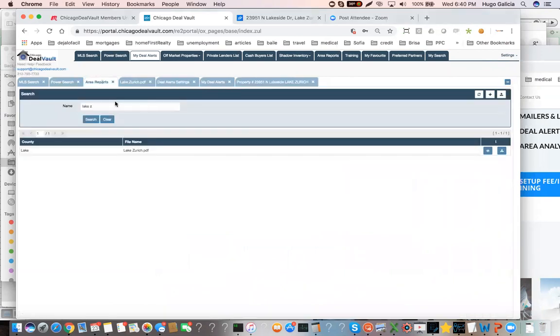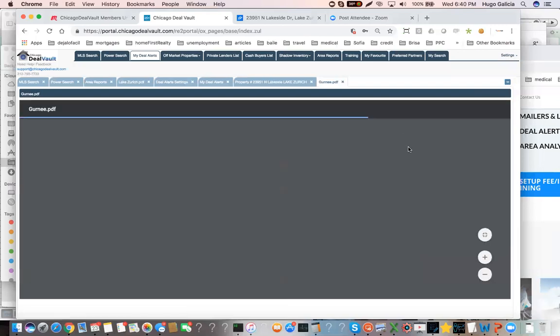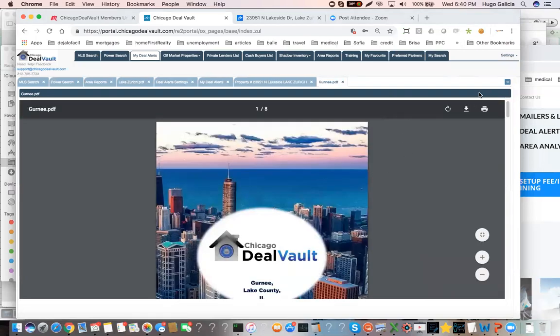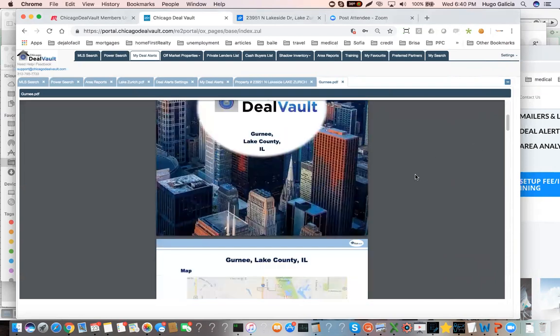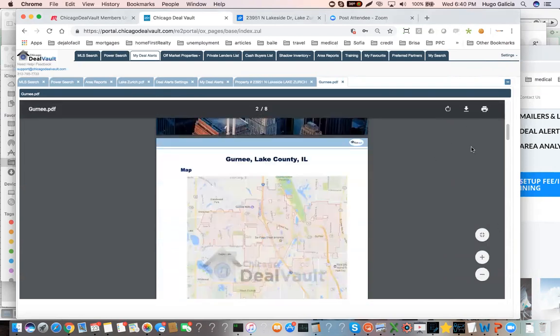Let's just quickly look at Gurnee. Gurnee is close to the border with Wisconsin, but I don't know much about Gurnee. It's kind of far for us. So the first thing that you need to do is look at Gurnee, and then I have the property address right here. Let's just quickly find out what Gurnee is all about, right? For those of us who are not familiar with Gurnee, let me make this a little bit bigger.